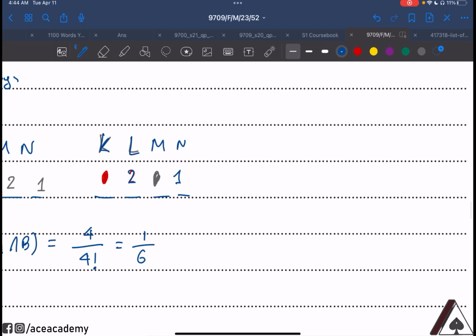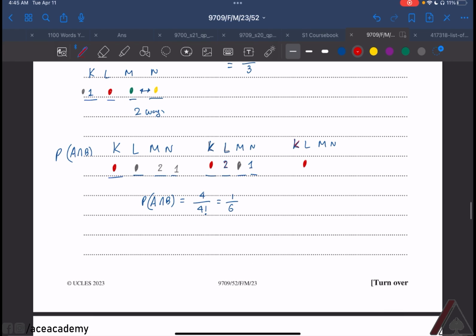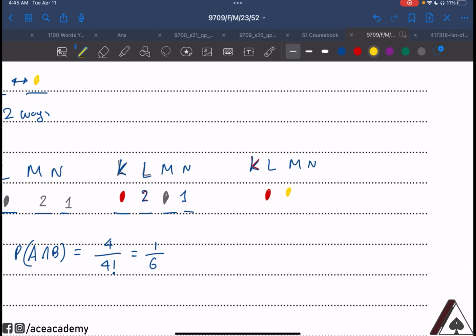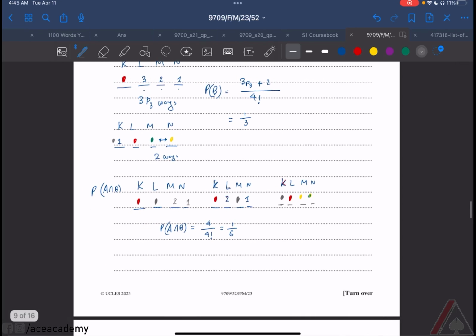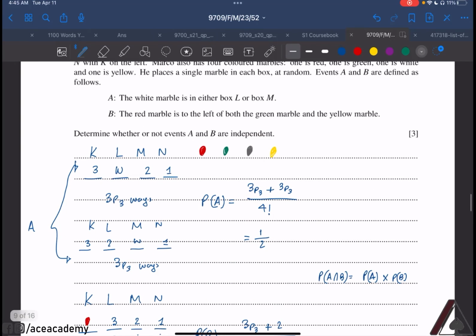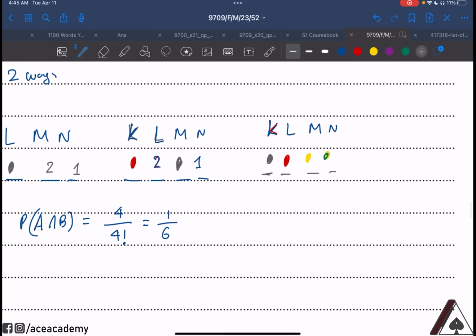Now, you could also ask me whether the red marble would be in L. And in order for that to happen, if it was in box L, then both the green marble and the yellow marble would be over here, and the white marble would have to be in box K, and this would not satisfy event A, because in this case the white marble is in box K instead of being in L or M, so this won't be a valid scenario.